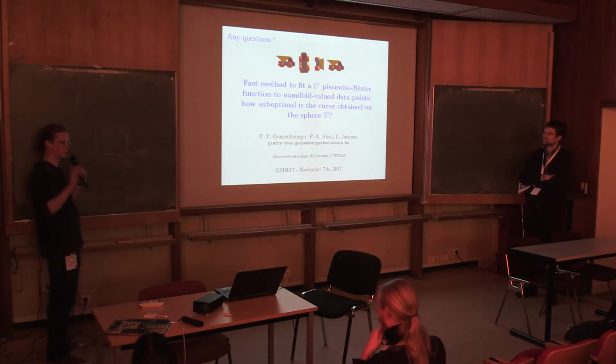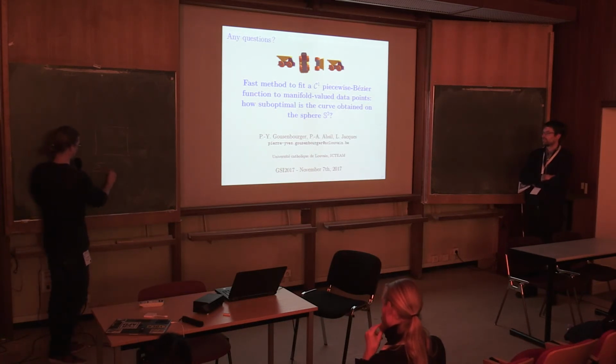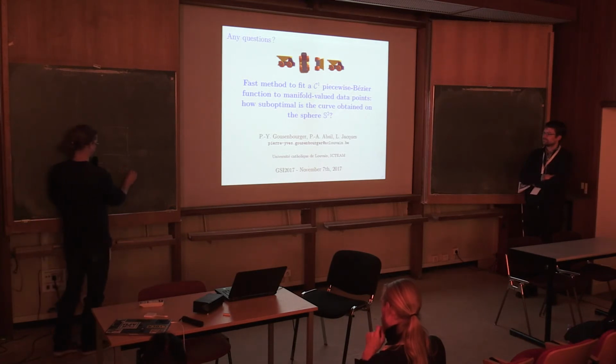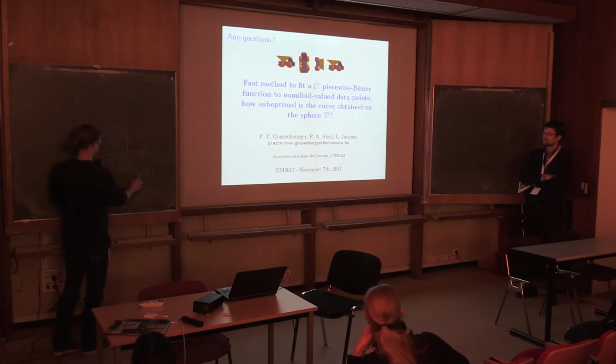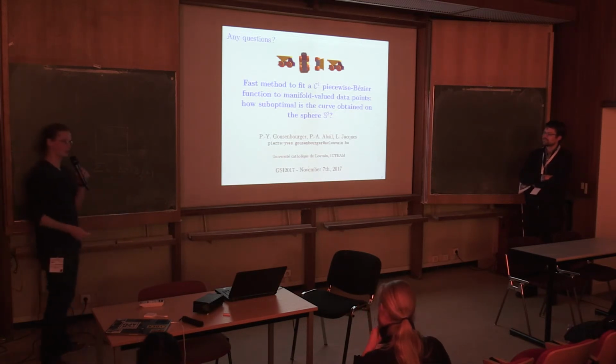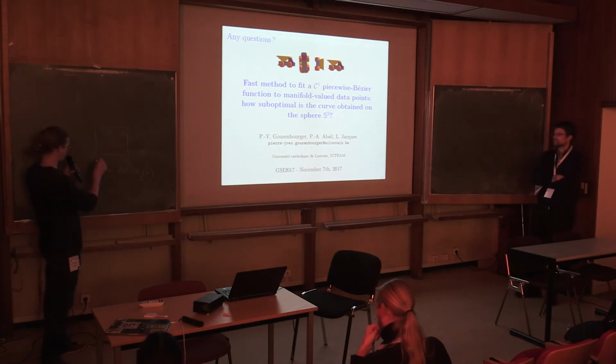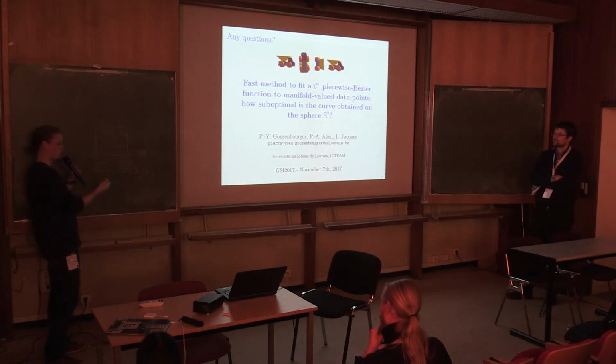It's also a Bezier curve, but in 2D, and it's also a sum of these control points, B0,0 and so on, times some coefficients, which are also the Bernstein polynomials. To compute this, you can use the Casteljau algorithm, or you can just say, okay, it's a weighted sum of these control points.